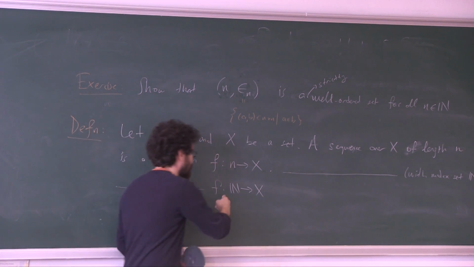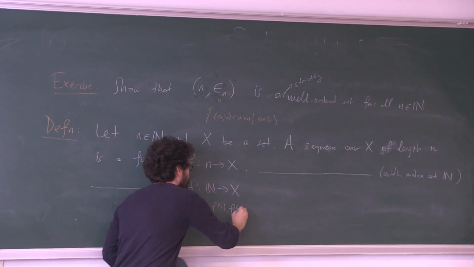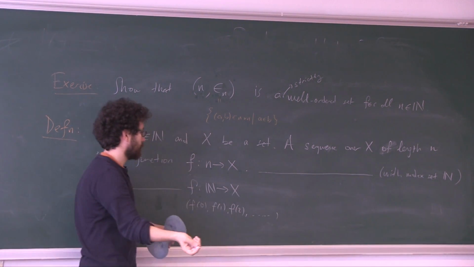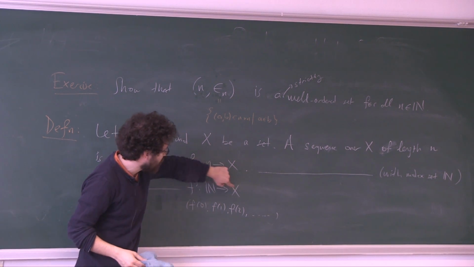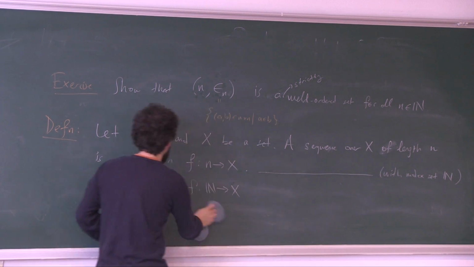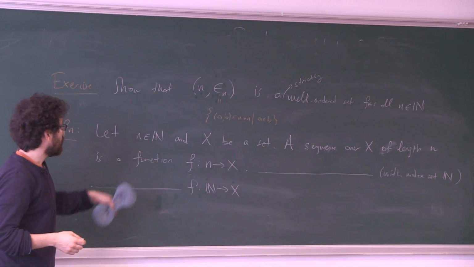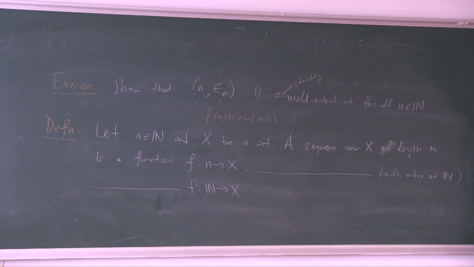So this represents the sequence f of 0, f of 1, f of 2, and so on. It maps 0 to some member of x, it maps 1 to some member of x, and so on. This is a sequence. Okay, so that's that. And let's define n-fold Cartesian products.